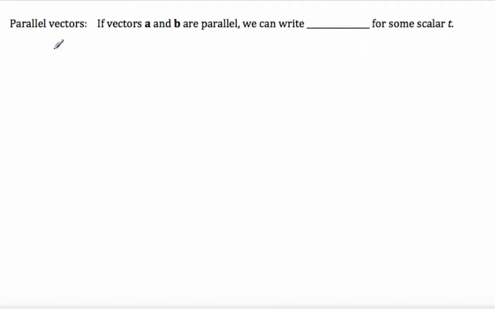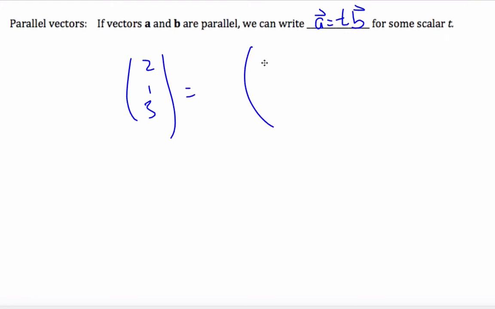So parallel vectors: if A and B are parallel, we can write A equal to t B for some scalar t. So if A was (2, 1, 3) and B was, let's say, (4, 2, 6), t would be 1/2, because now they are parallel.